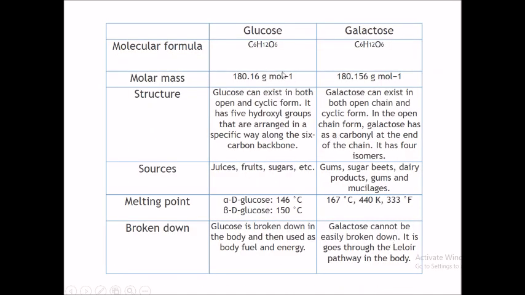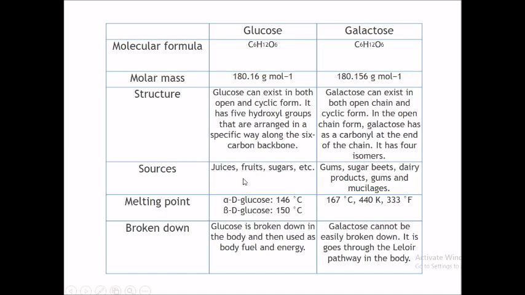Therefore, the molecular formulas of glucose and galactose are similar except for the location of the hydroxyl group at carbon atom number 4 in the carbon skeleton, and both can exist in open chain and also cyclic form.